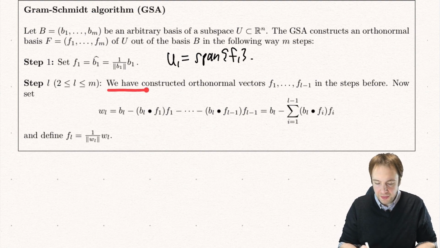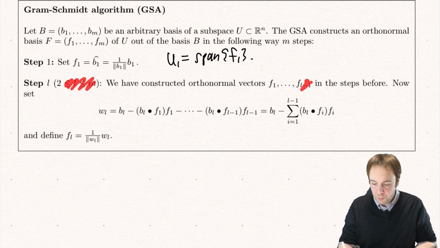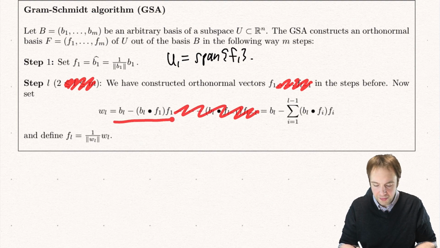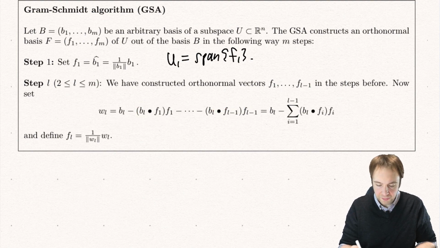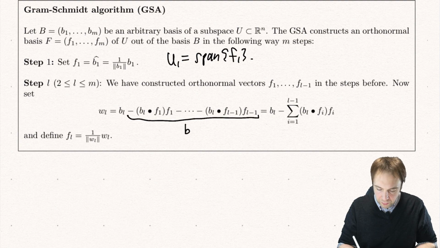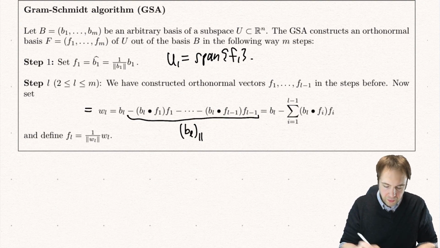And then in the next step, step 2, we have constructed F1, and then we take b2 minus this part here, which is what we wrote before as b parallel, or in general this is what we called b transpose.